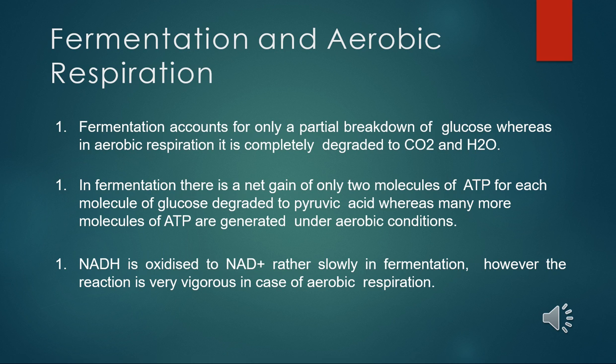That is, in aerobic respiration, 36 or 38, with differences in prokaryotes and eukaryotes. NADH is oxidized to NAD rather slowly in fermentation. However, the reaction is very vigorous in the case of aerobic respiration.